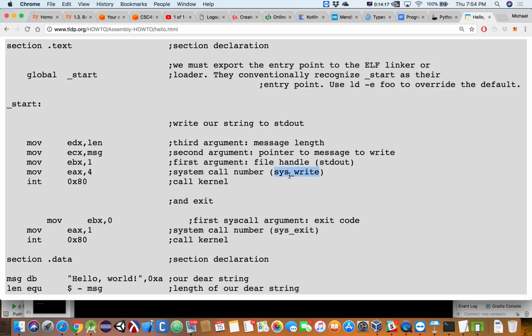All right, so one of the many system calls in Linux is called syswrite. And this magical program that's in the Linux operating system knows how to write something to the screen. Now, it seems so boring to us, but under the hood, writing something to the screen is quite complex. Because what is required to write something to the screen?